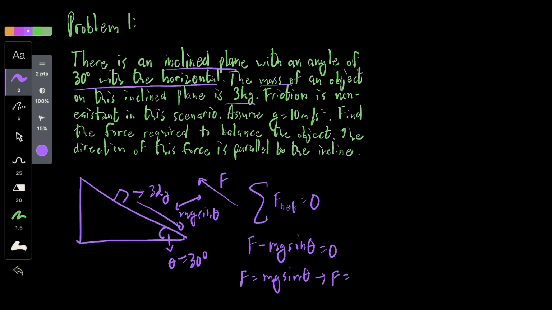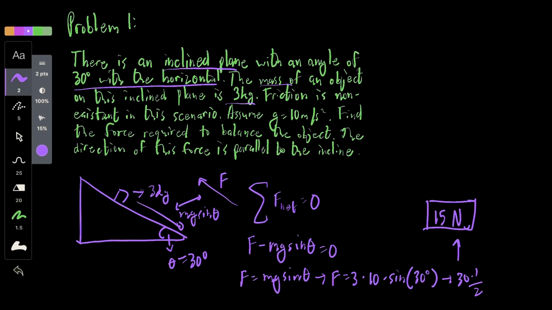Our force is equal to 3 times 10 times sine of 30 degrees, which is equal to 30 times 1 by 2, which becomes, after simplifying, 15 newtons. And this is the answer to our problem.